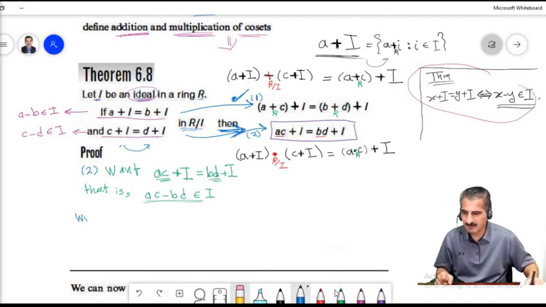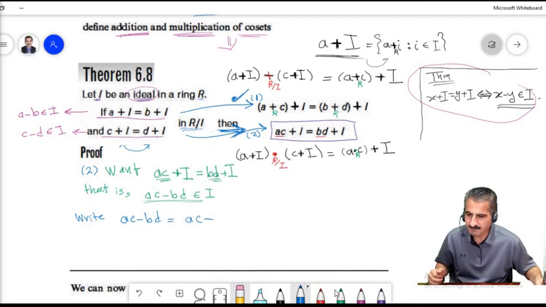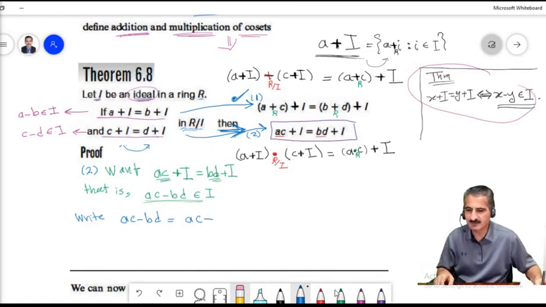We will write this expression AC minus BD as AC minus... Okay, we will add something. So what is the trick in here?